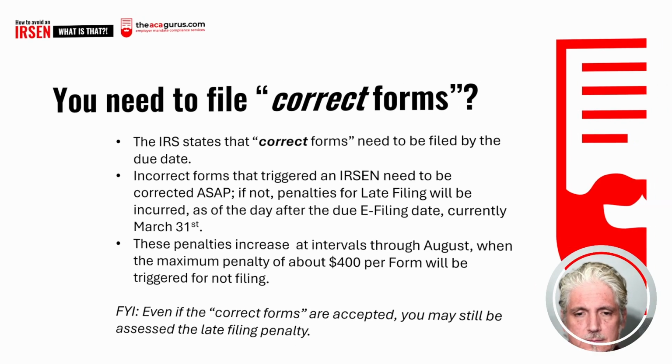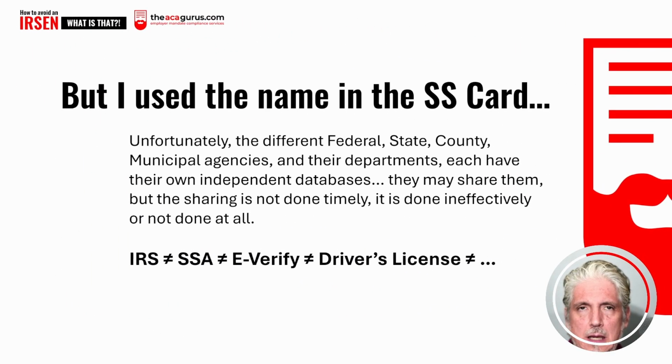So you would say, okay, but why did I get an IRSEN? What happened? I used the name on the Social Security card. Well, unfortunately, the different federal, state, county, municipal agencies, schools, whatever you want to call them, each have their own databases and their own systems, right?